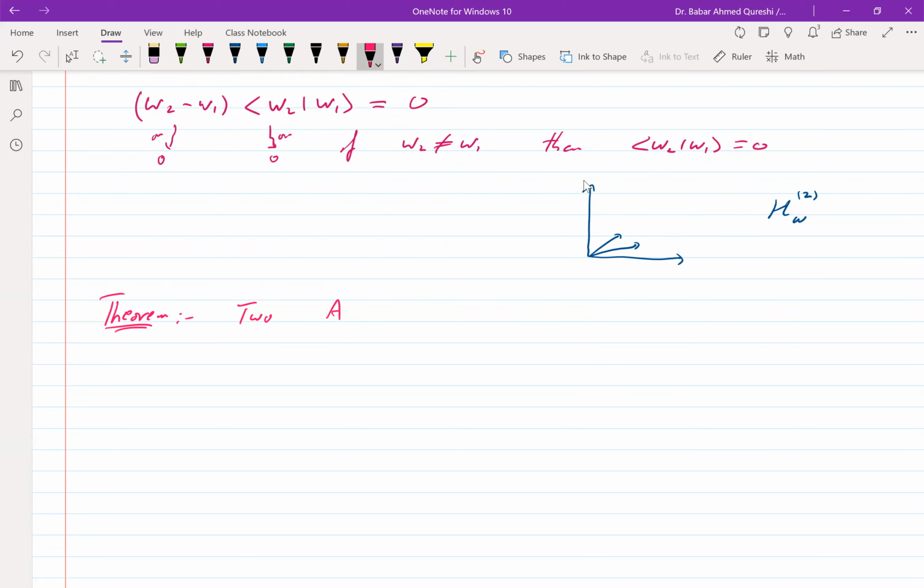Two operators A and B that commute have a common eigenbasis, in which they are both diagonal.